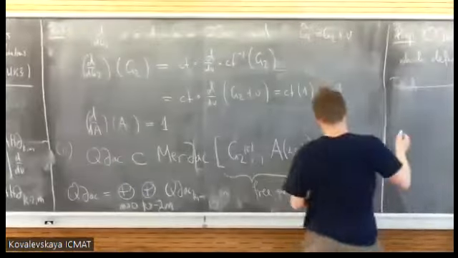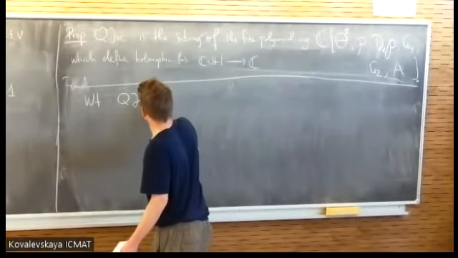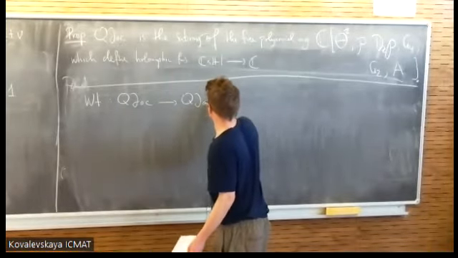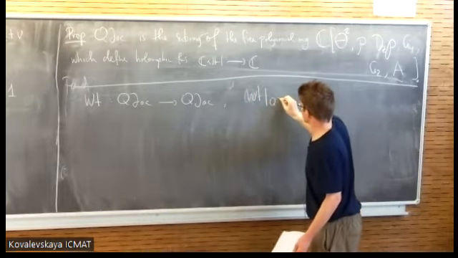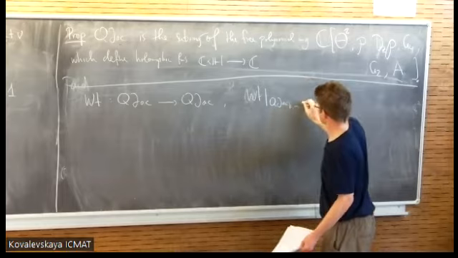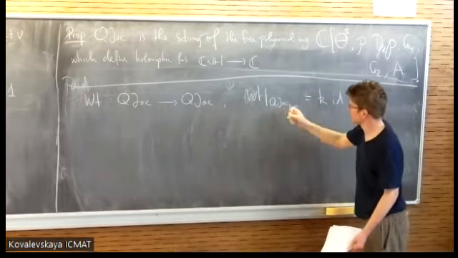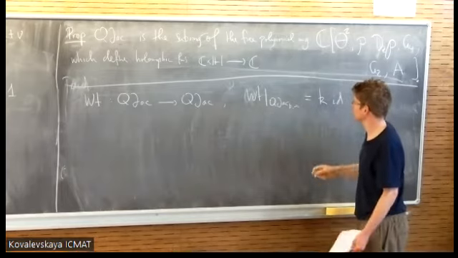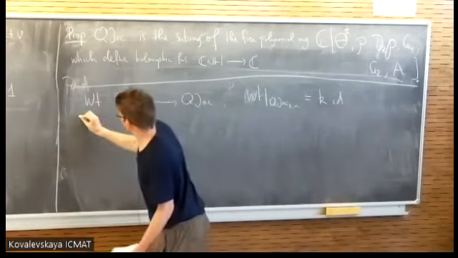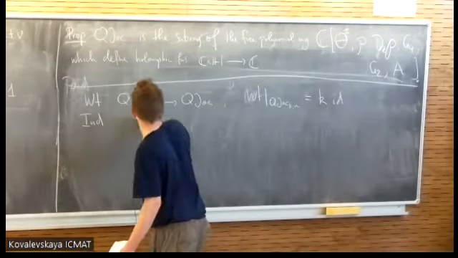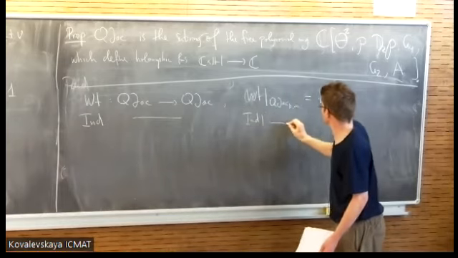In fact, you can take the weight operator, which acts on the degree k part of the quasi-Jacobi forms by multiplication by k, the weight, and you also have the index operator, which acts by multiplication by the index.